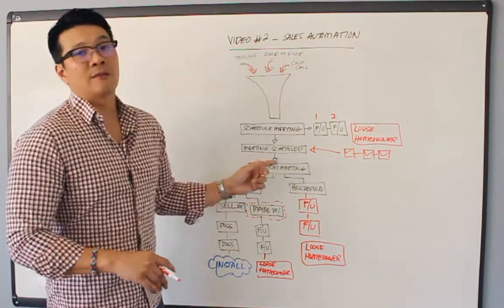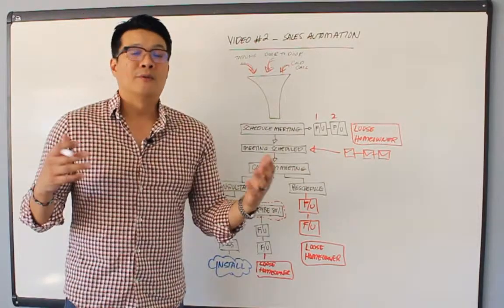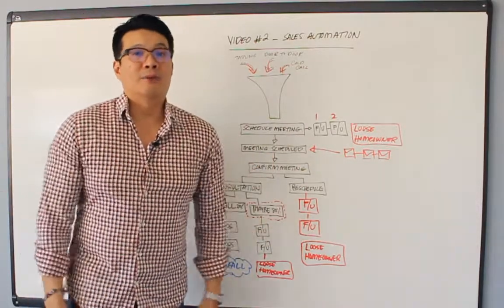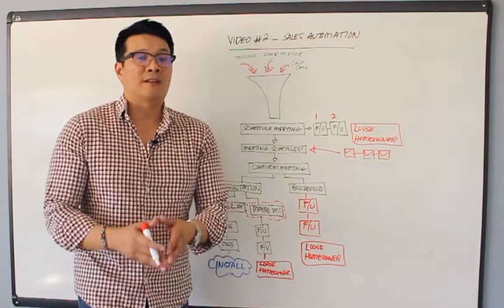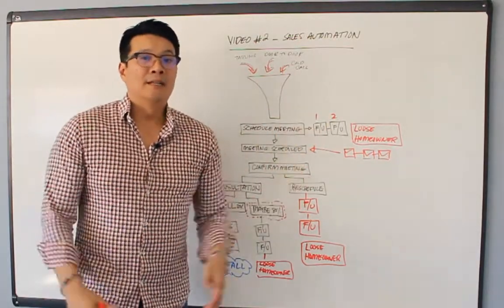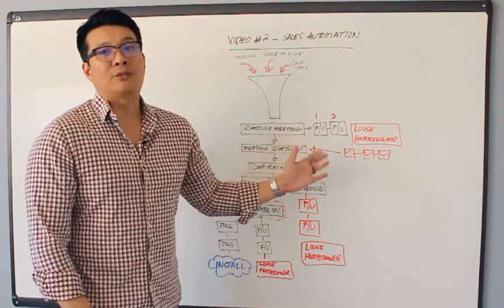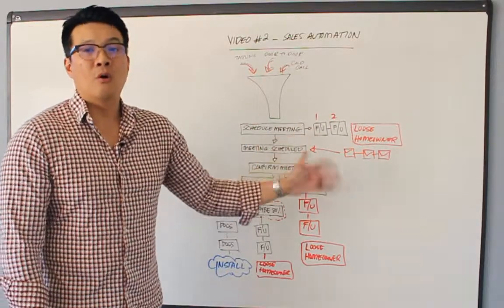You don't want them to just fall off because you forgot, which is pretty much human nature, right? We can't remember everyone, especially once you start having a big pipeline. It's going to be very hard to keep track of every single homeowner, right?